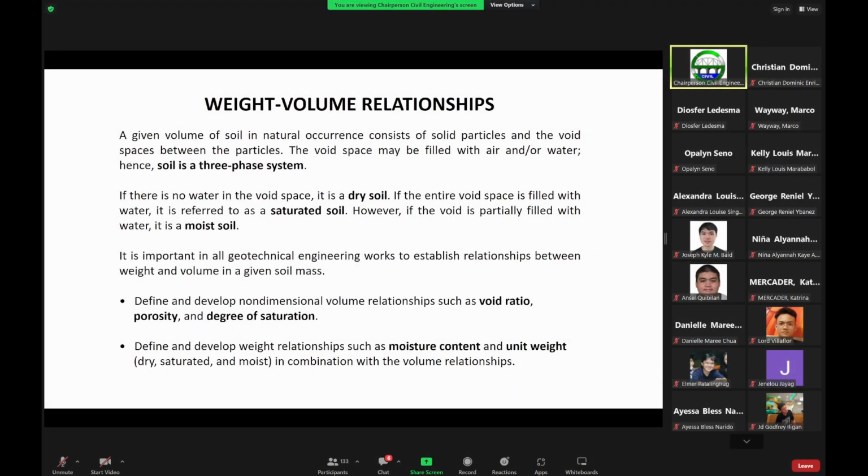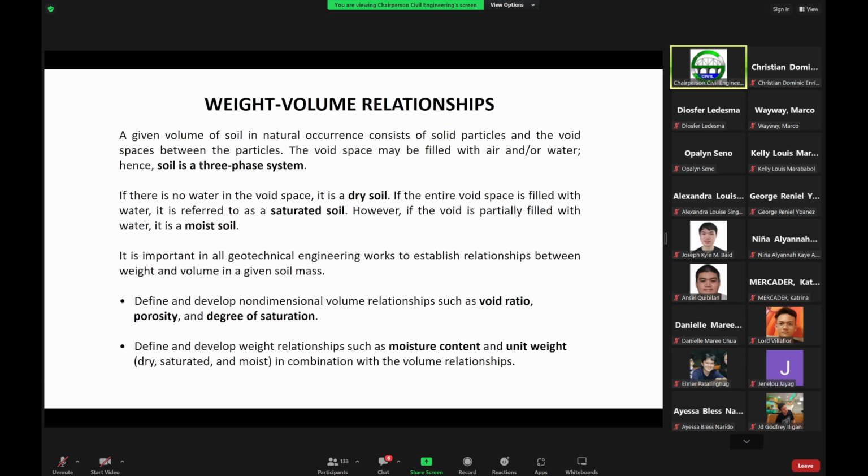The void space may be filled with air and or water. It may be fully filled with air, fully filled with water, or filled with both air and water.